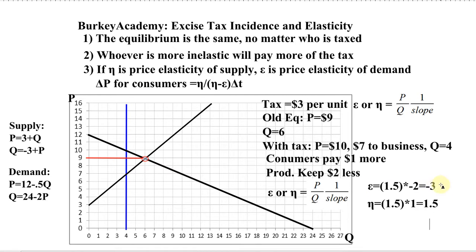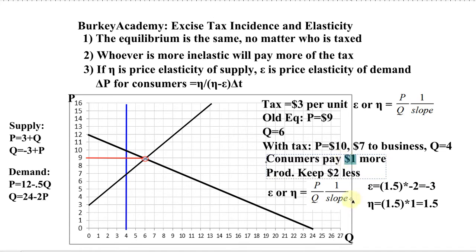And here, the basic idea of this formula, we're going to use it in just a second, is just to say, look, the price elasticity of demand is twice as large as the price elasticity of supply. And since it's twice as large, what's going to happen is the consumers are going to pay half as much of the tax. That's why we're seeing what we're seeing here.